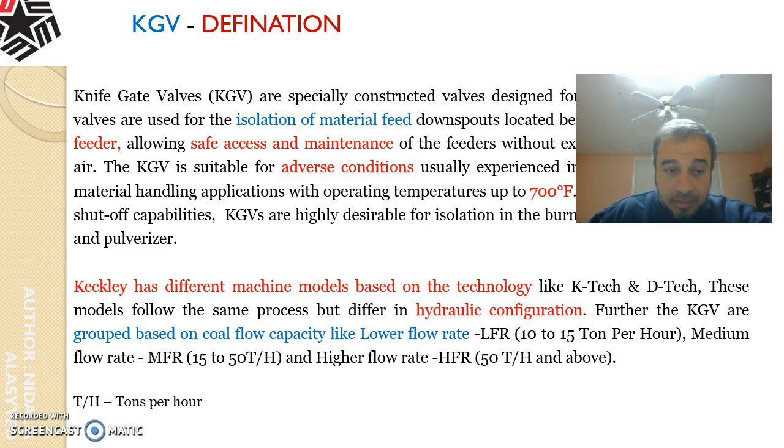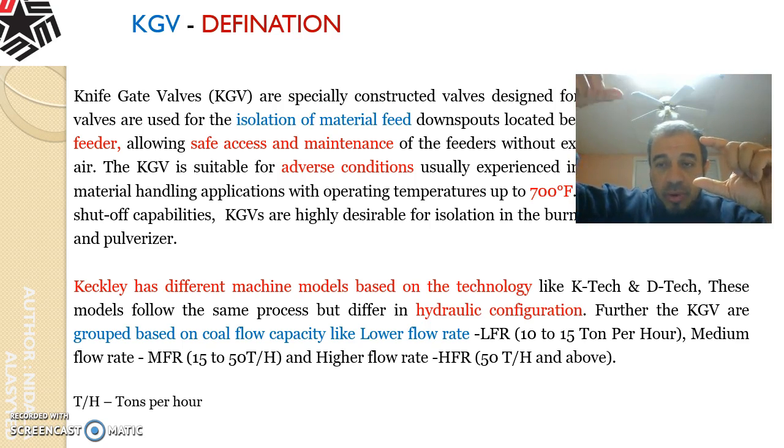That's something we have already covered, and we said that this product is really important in the power industries because it isolates the pulverizers from the feeder. You look at this KGV as something between two stages.